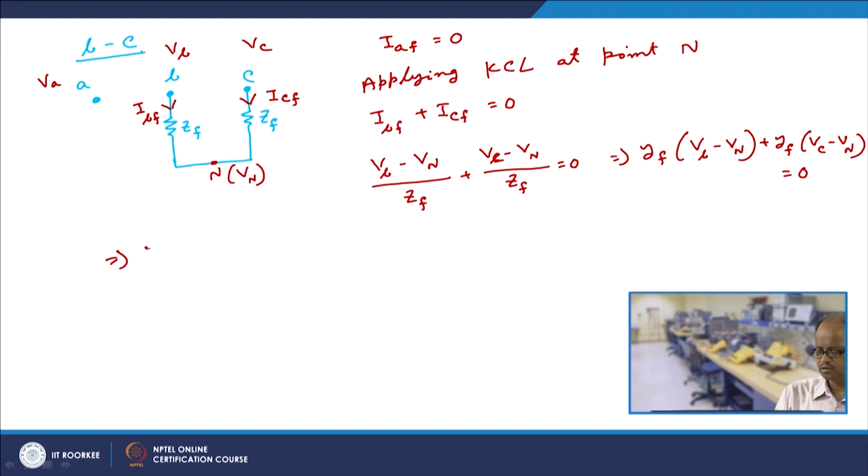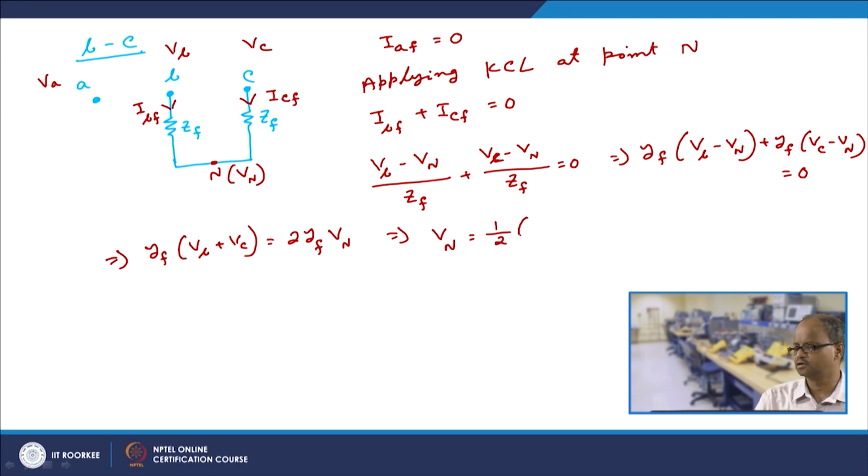So YF into VB plus VC is equal to 2YF into Vn. Therefore, Vn is equal to half of VB plus VC.